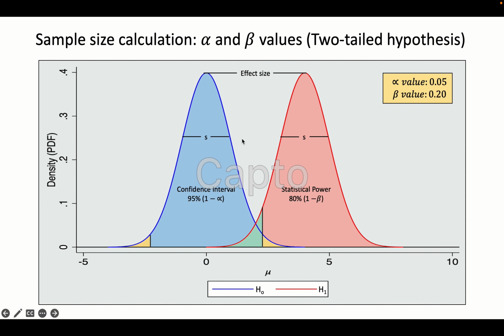But if you want to increase your statistical power with the same sample size, you need to sacrifice a little bit of alpha value, right?